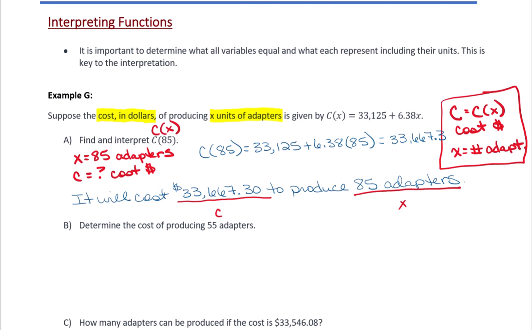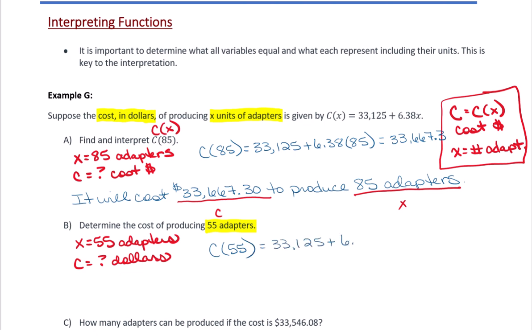In part B, it says determine the cost of producing 55 adapters. In this example, they did not give it to us in function notation. So we have to determine what they are giving us. 55 adapters is still giving us the x value, asking us to find the cost or the C in dollars. So this is still asking us to find C of 55 adapters.